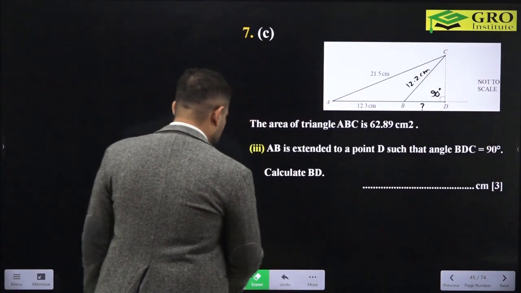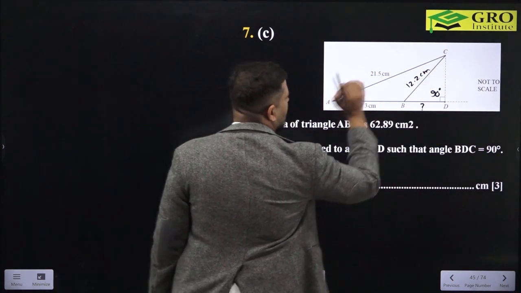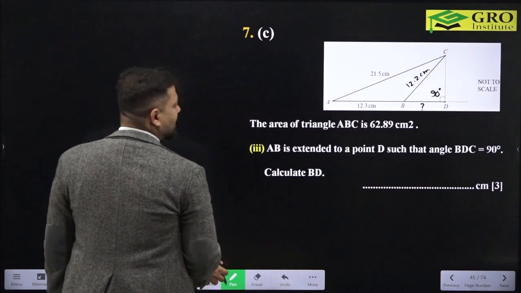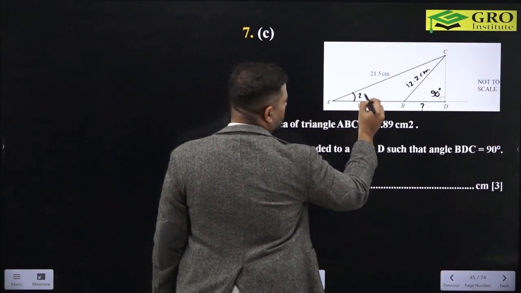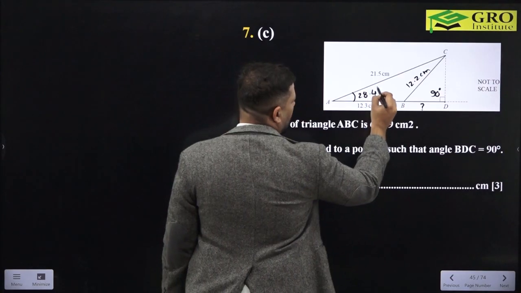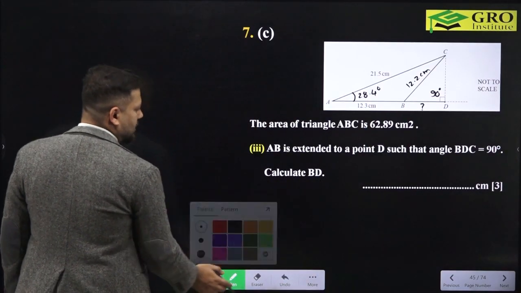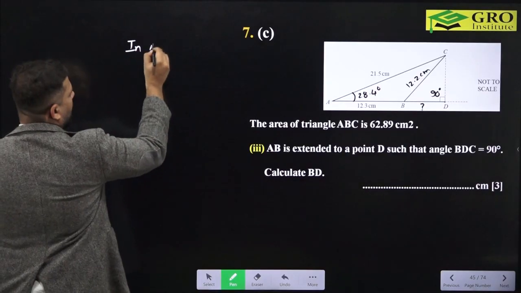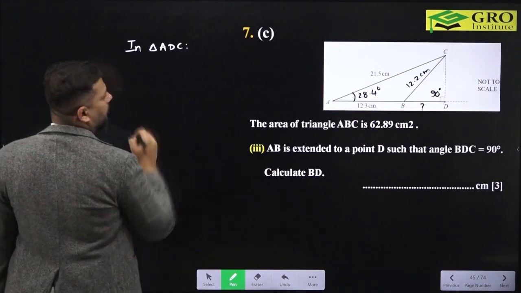To find out CD, I'll consider the full triangle ADC and we will use the sine angle because we know that this angle is 28.4 degrees. That was given to us. We just proved it to be that, isn't it? In triangle ADC, have a look, guys.